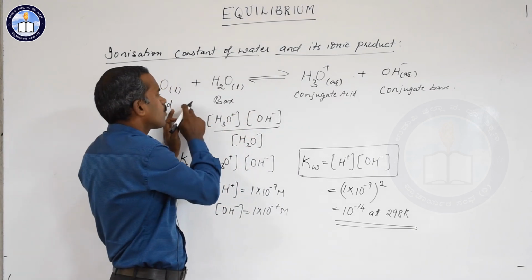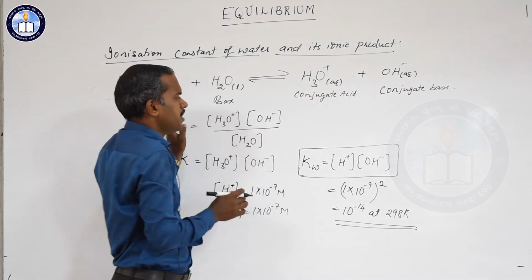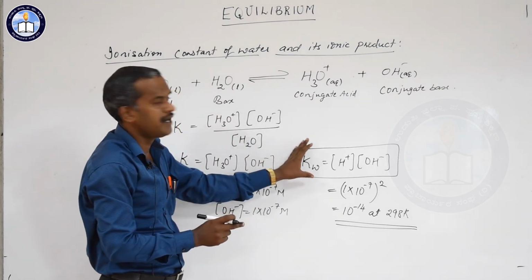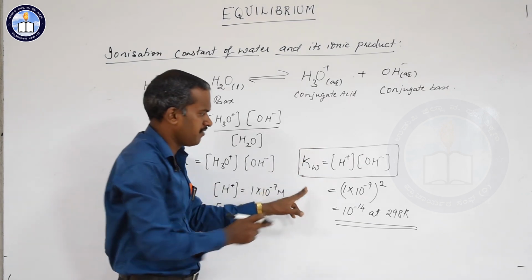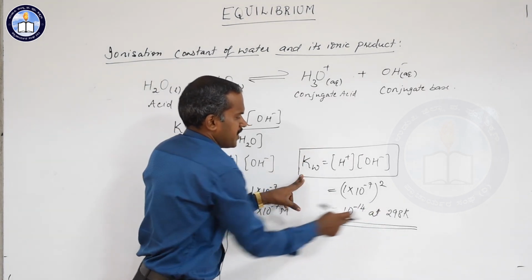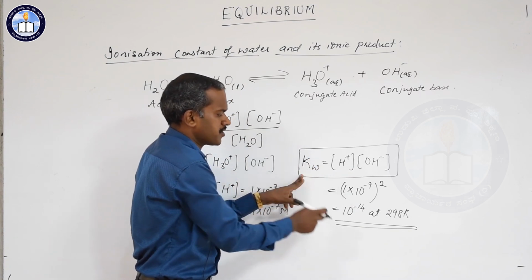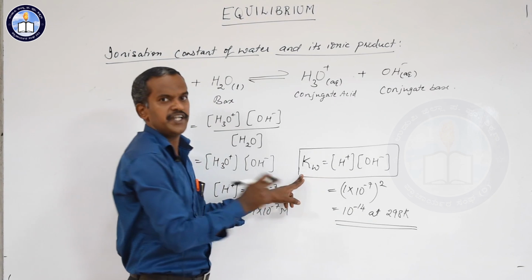Okay, so we wrote the conjugate acid base pair for water, and we understood the ionization constant of water and the ionic product of water. From there we got, remember, at 298 Kelvin the value of Kw, that is the ionic product of water, is 10 to the power minus 14.